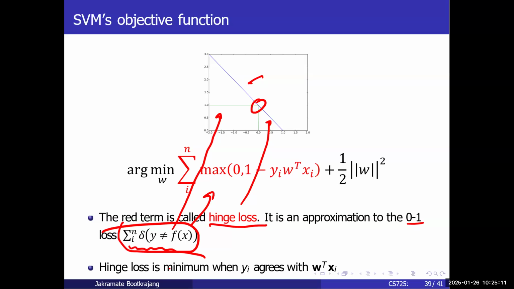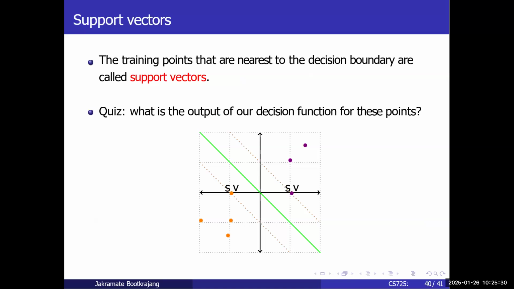And the hinge loss is minimum when the yi agrees with the prediction. If you have the same prediction, you will get a number that's equal to 0, so it's minimized. The training points that are nearest to the decision boundary are called support vectors.